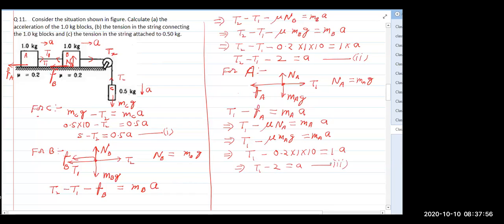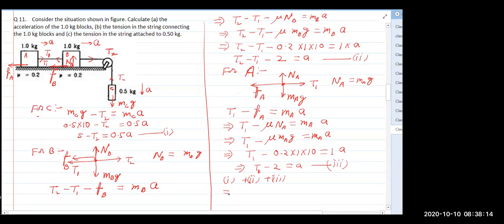Now we have all three equations. If you want to find the acceleration, we can add all three equations, 1 plus 2 plus 3. You can see that T1 will get cancelled, T2 will get cancelled, and the 2 will get cancelled.